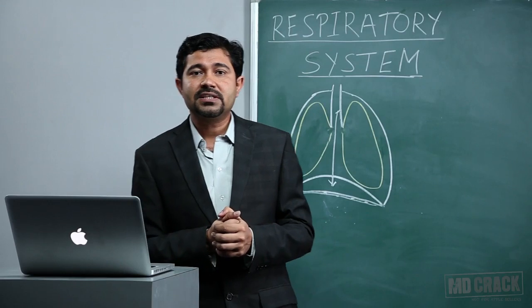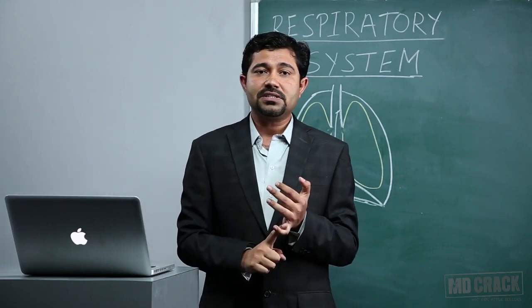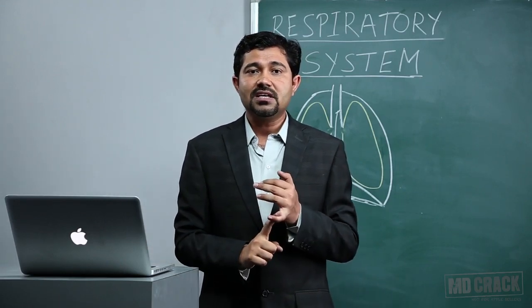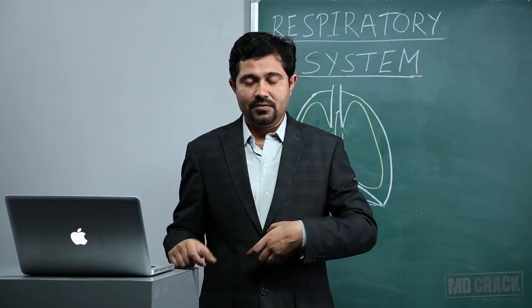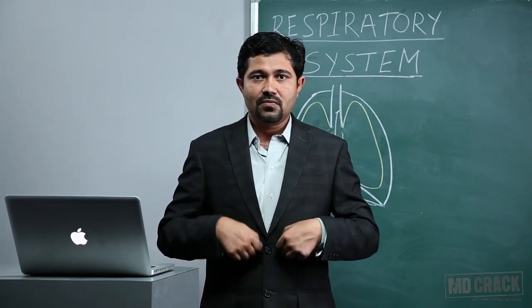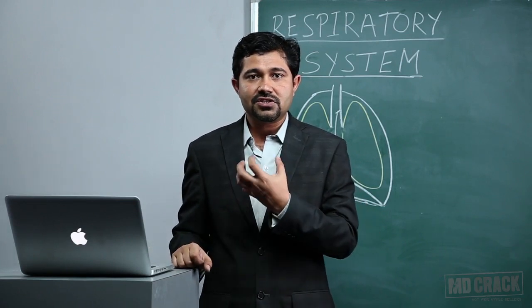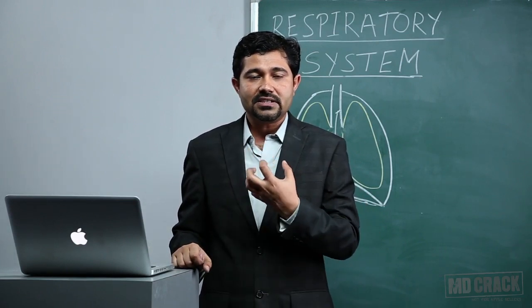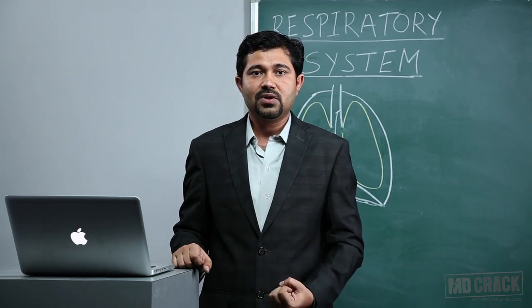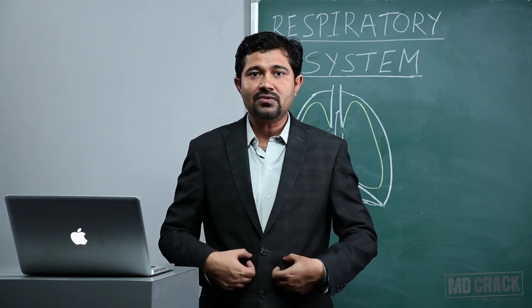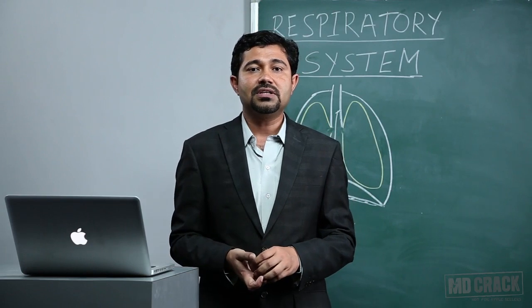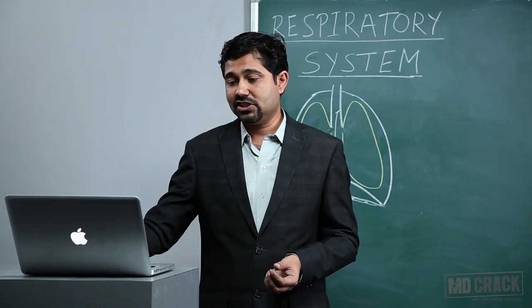The forceful expiration can be caused by the internal intercostal muscles, and most important is the rectus abdominis muscle. If you look at these straight muscles, if they contract, they pull down the sternum, the xiphisternum, downwards. Because of that, what will happen? The ribs will be pulled downwards, and they are very useful for the forceful expiration, right?